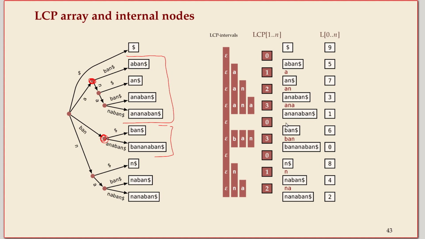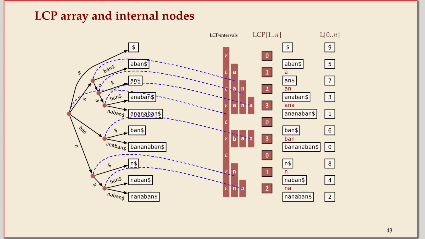Now you might notice that these are the very same intervals that we found in the suffix array, in the list of sorted suffixes. Well, of course, because those are just the same lists. That's the correspondence between those two. And the final connection here is, for every internal node in the suffix tree, we have exactly one of those LCP intervals.